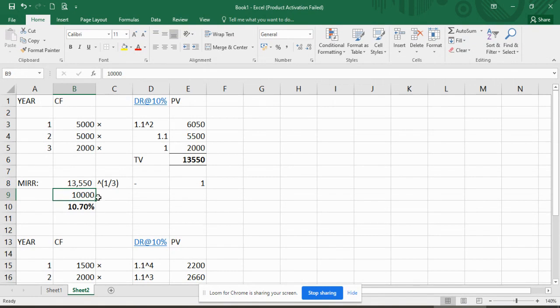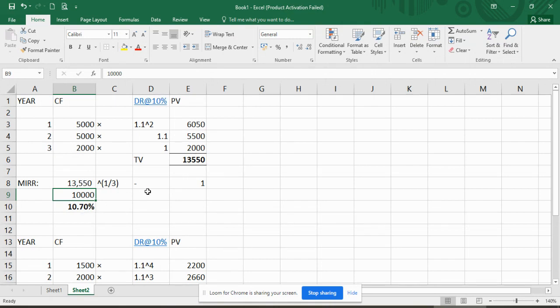This is the initial investment to the power of 1 over n. N is the duration of the project, also given in the question, minus 1. The 10,000 is given in the question, the duration of the project is given, and minus 1 is the formula. So the only thing you are required to calculate is the terminal value.